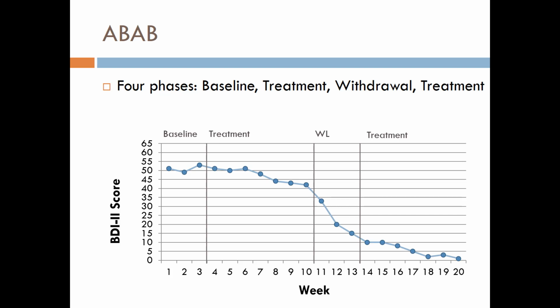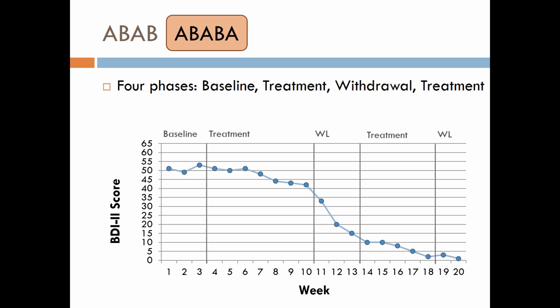In this situation, it might be the case where the clinician is trying to see what happens for a few weeks after treatment is withdrawn, in order to see if the client is still doing well, but they do have a 20-week session, so treatment continues. Now, if we were to add another follow-up time period, then that would be the ABABA.